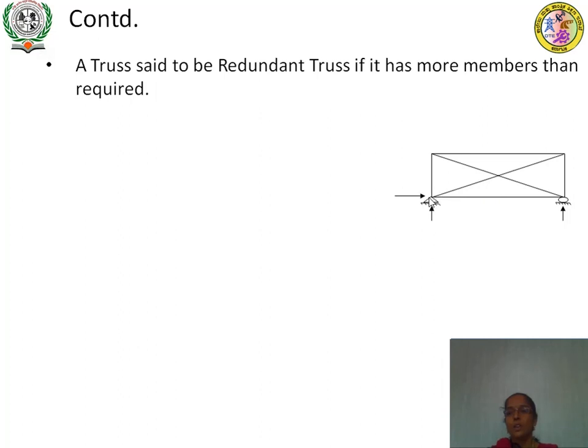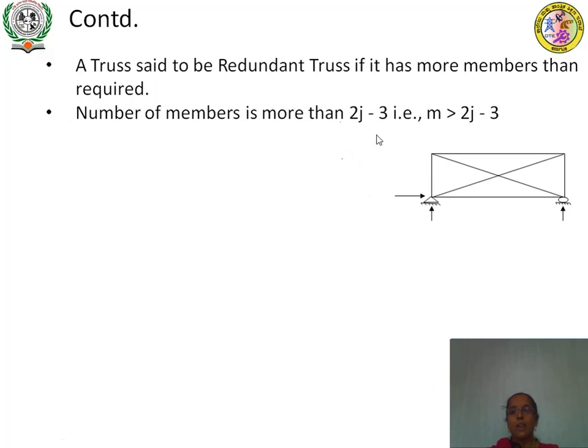So the members are 1, 2, 3, 4, 5, 6, so 6 members are there and joints are 4. 2 fours are 8, minus 3 is 5. The requirement is 5 but provided is 6. Therefore, m is greater than 2j minus 3. Hence, this is a redundant truss.